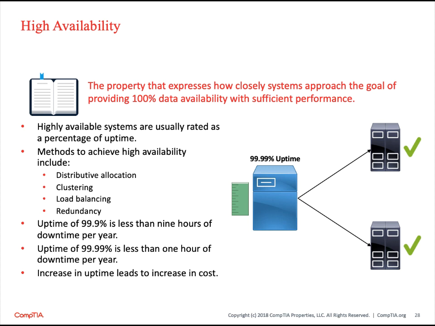However, the increase of uptime is going to increase costs, right? Because we have to use all these different methods to ensure that we are always up. So a lot of organizations and industries may deal with a certain amount of uptime.